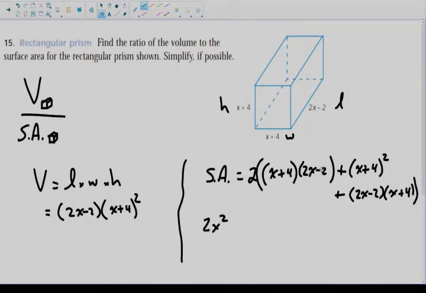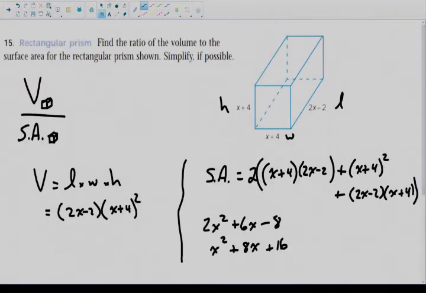X times minus 2 is minus 2x plus 8x, which would be plus 6x. And then plus 4 times negative 2 is minus 8. And then we've got x plus 4 squared, so x squared, plus 4x and 4x gives plus 8x, plus 16.